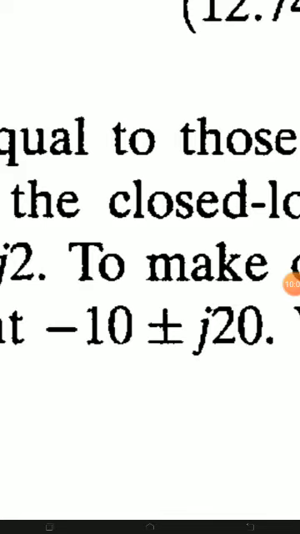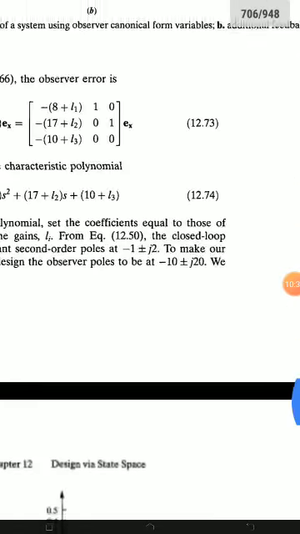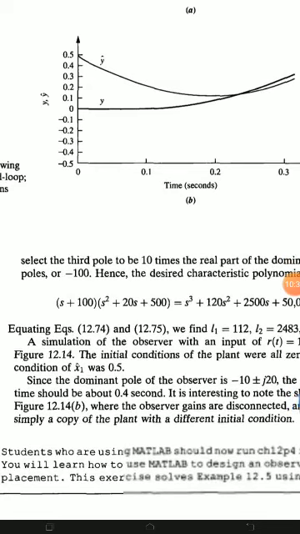Here the real term is 10, forget about the minus sign, so multiply it by 10. Ten times 10 is 100. So s plus 100 is the third closed loop pole.